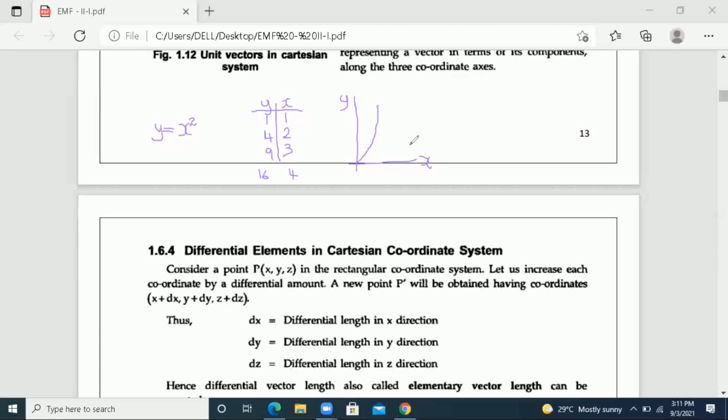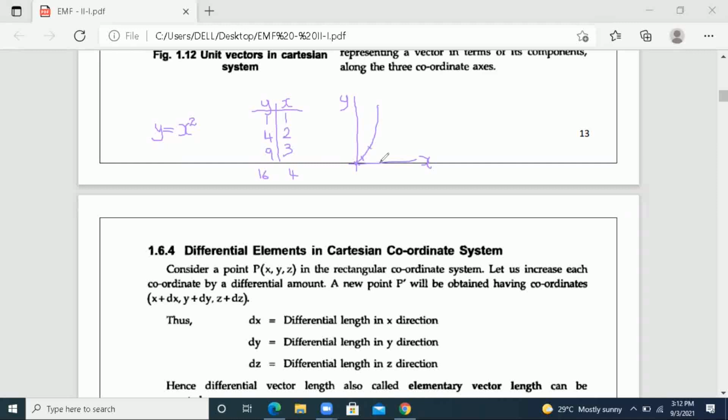Okay. These are your points. Of course, we left out 0. When x equals 0, y equals 0. Right? So that's our point. When x equals 1, y equals 1. When x equals 2, y equals 4.